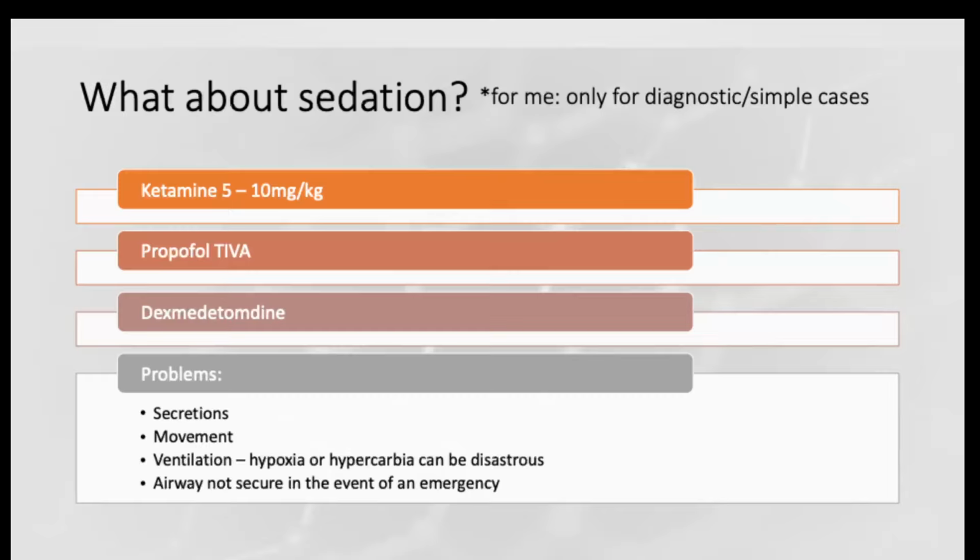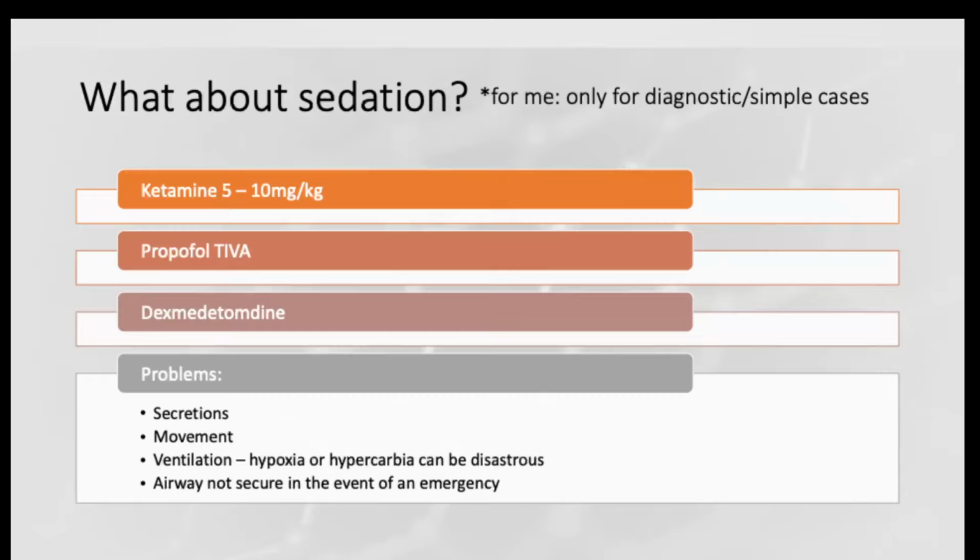And then, guys, my biggest area of concern with this is that the airway is not secure. And if we have an emergency, so let's say the shunt reverses, let's say you're brave and you're doing sedation for an intervention, and the device embolizes, or they develop an arrhythmia, and you're now struggling with an airway as much as that.